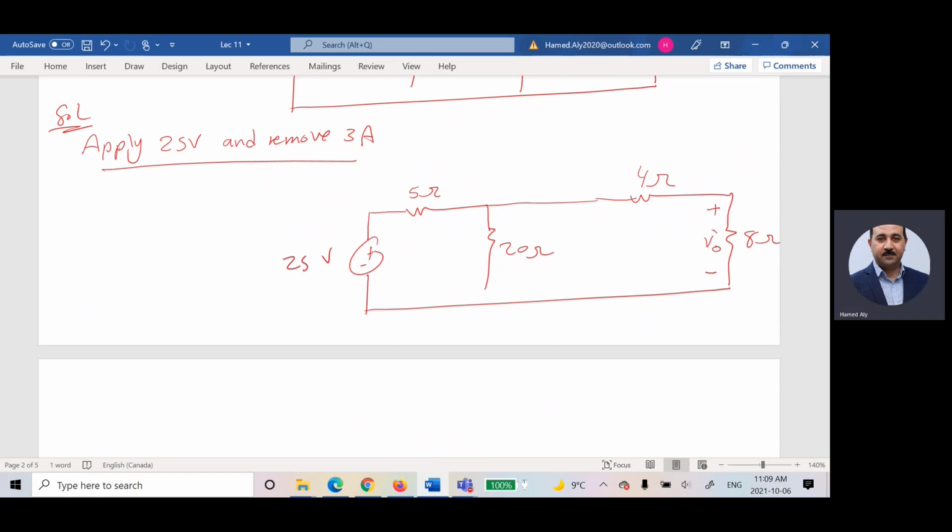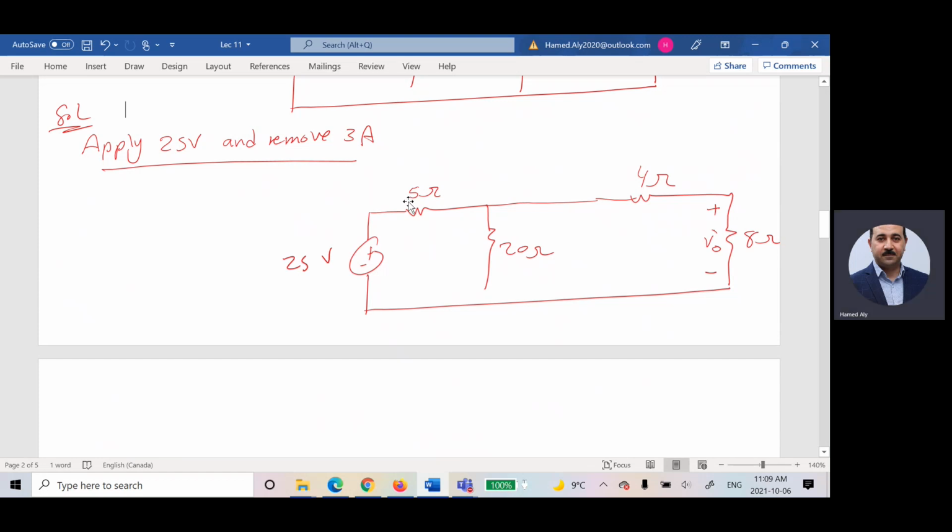Mesh, I have 2 meshes. Summation of the voltage for each is equal to 0. I will solve these 2 equations and I will find my solution, yes. But at the end, I have 2 equations in 2 unknowns. Excuse me? Yes, I can use the current divider. But before using the current divider, I have to calculate R total. These 2 are connected in parallel, overall in series with 5 ohms.